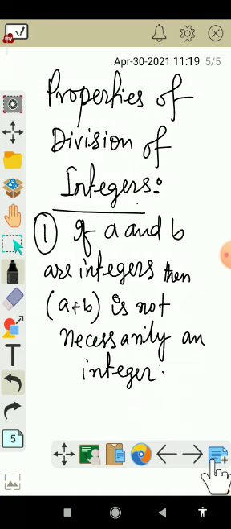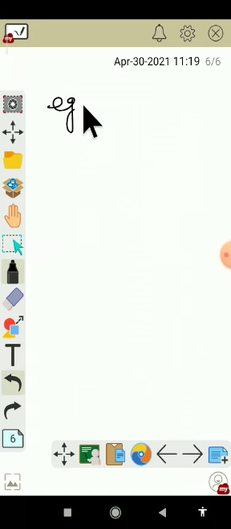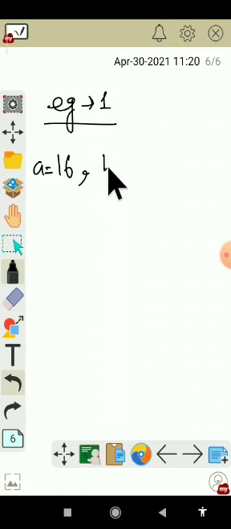So example, suppose a equal to 16, b equal to 5.